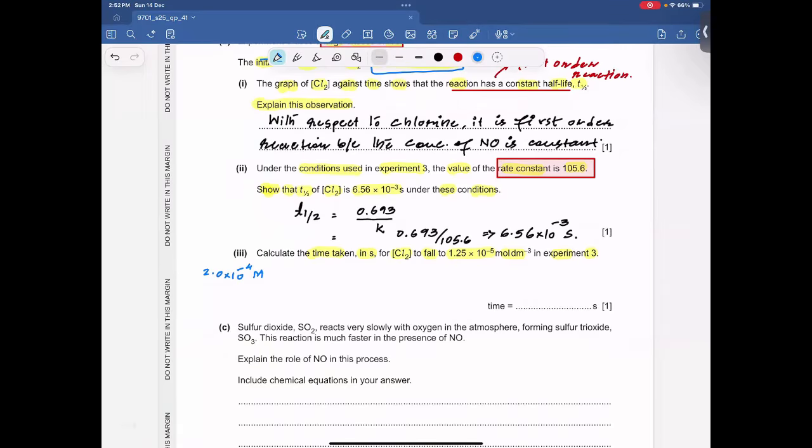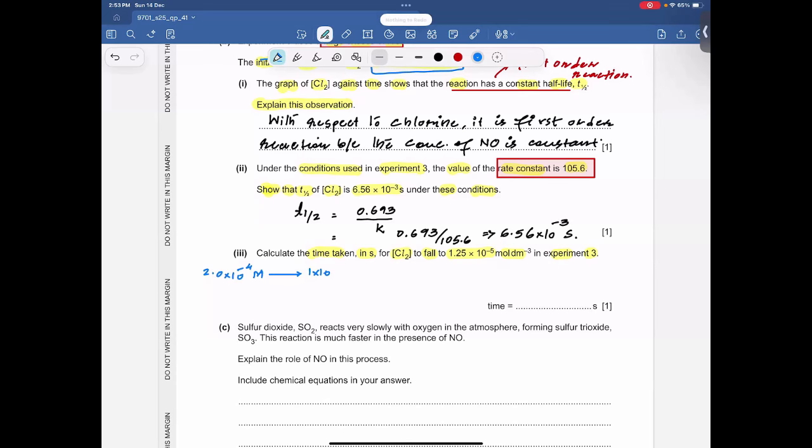So it decreases. Hold on. I've got this.